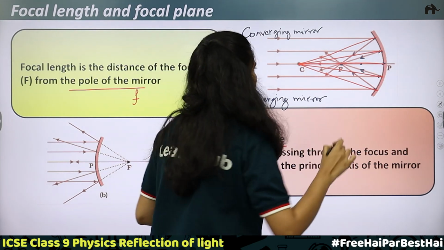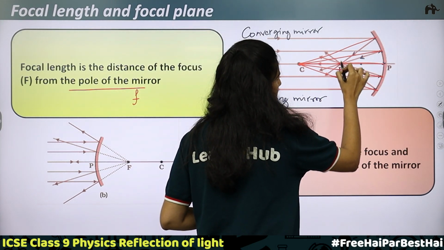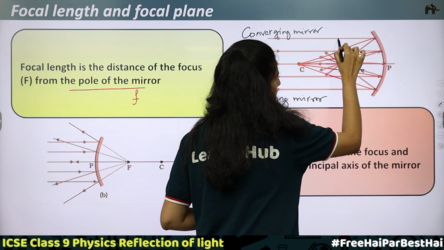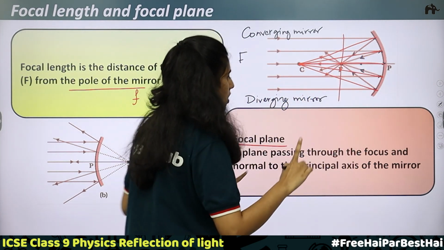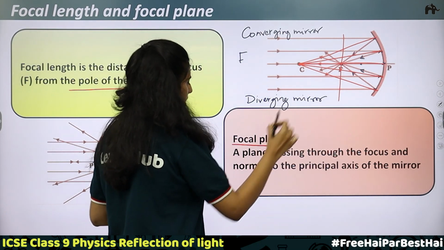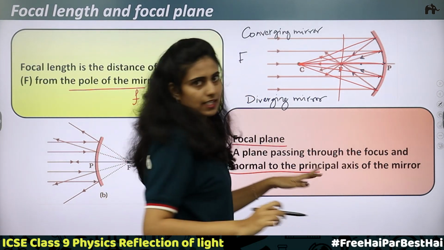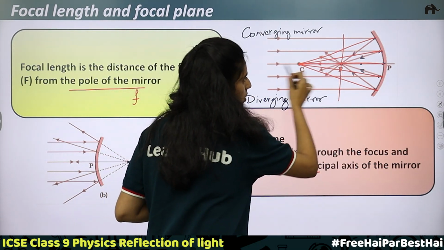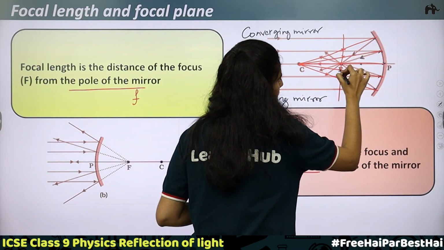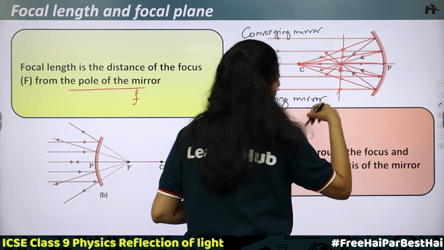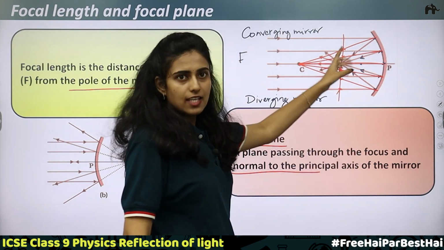So you can see that there is a plane which contains the focus. It contains the focus and also the normals to the principal axis. Normals are drawn to the principal axis. The points of these normals are also along the same line.